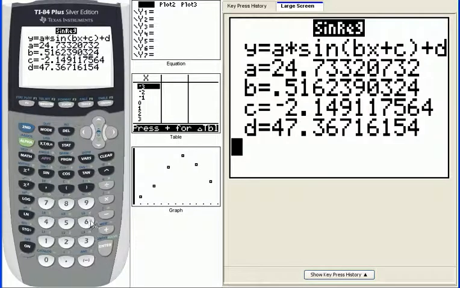Alright, so here is your equation. So we have a 24.7 for A. We have a 0.52 for B. We have a -2 for C. So that's going to be plus or minus 2 here. And we're going to have a 47.37 for your D. So let me see if I can remember all these.